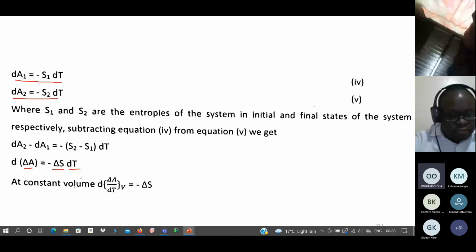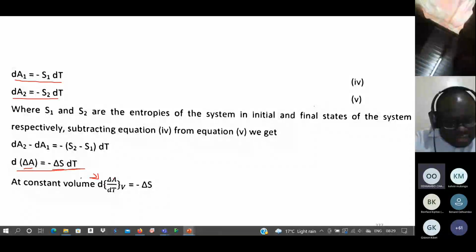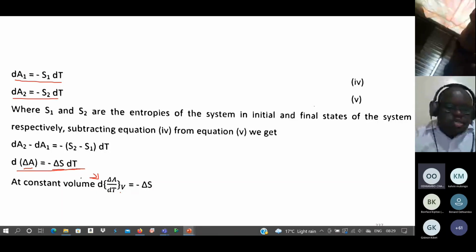So at constant volume we can say from this expression here we can end up with this expression. When you rearrange it, dT comes to the other side, so d(change in A) over dT at constant volume equals negative change in S.